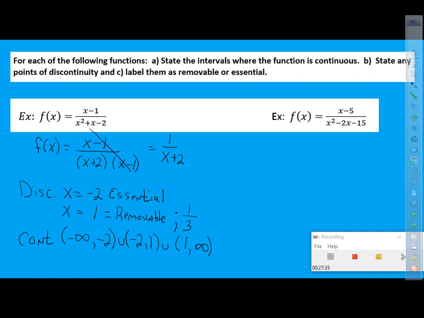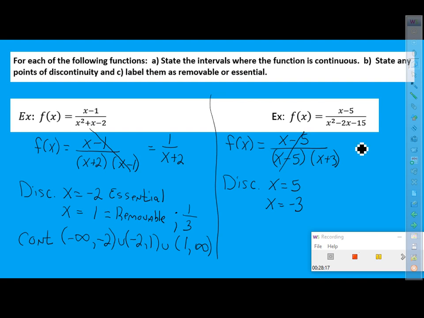I've got one more, then I'm going to drop down and talk to you about piecewise graphs. That's probably been a while for you. So here goes my last one on this little section. I've got x minus 5 over x minus 5 times x plus 3, it looks like. Ask yourself real fast, I know it's going to be discontinuous at x equal 5 and x equal negative 3. Can you remove one of them?